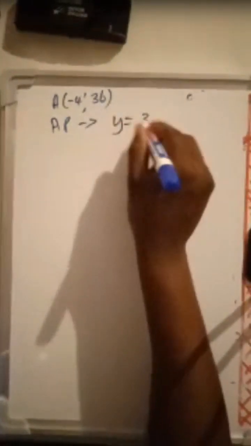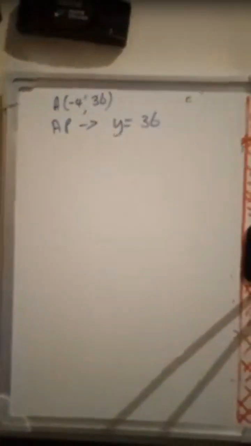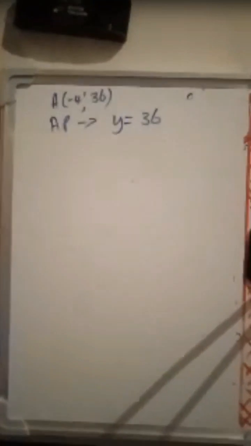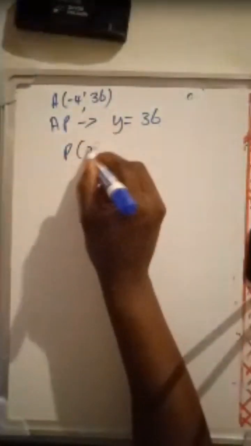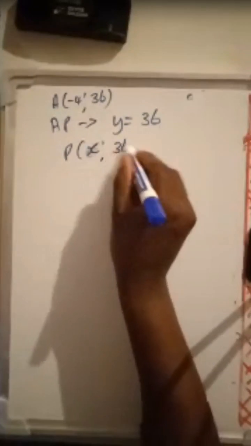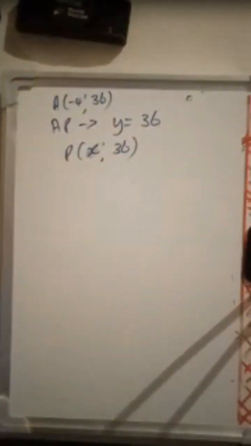All the horizontal lines take y equals a certain value. For example, the x-axis is y equals 0. So it means P already is having x that we don't know, and 36 as the y coordinate.